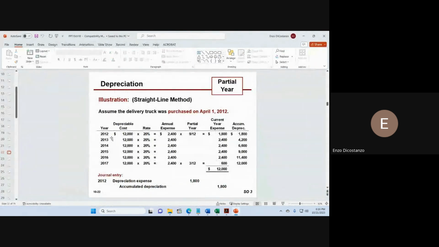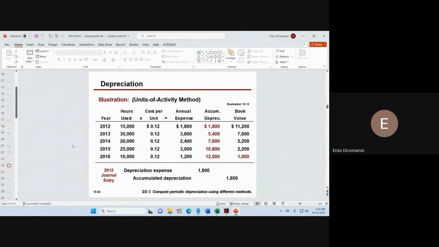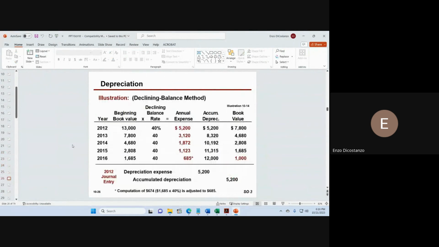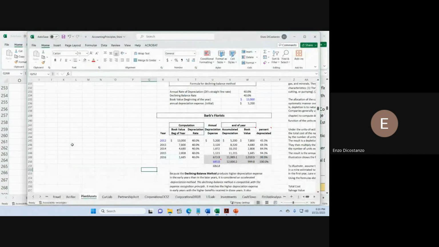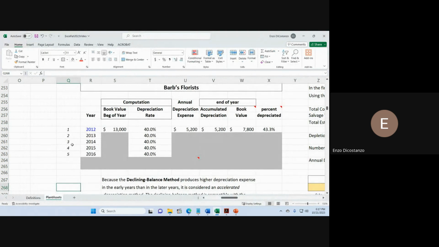And actually, while we're looking at that, let me check change activity, declining balance. Did this come out? Yeah, it came out to 100%. Okay, no, that's fine. All right.